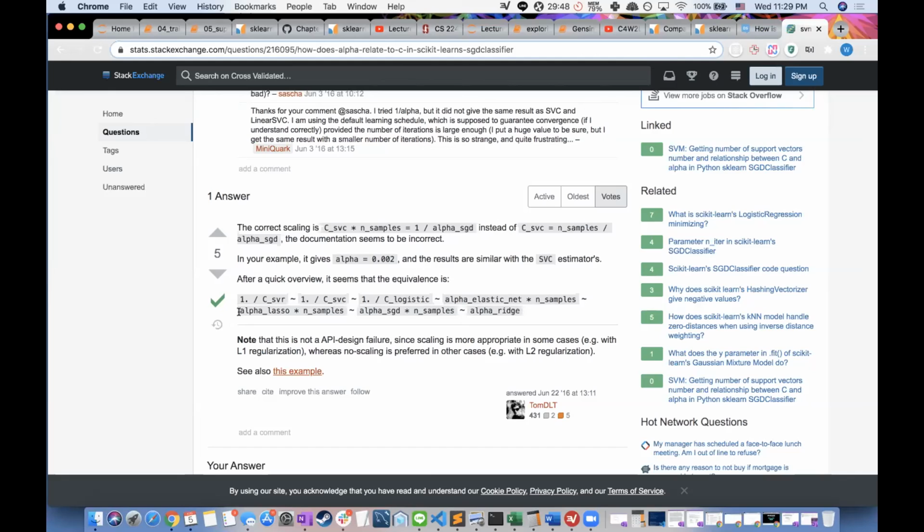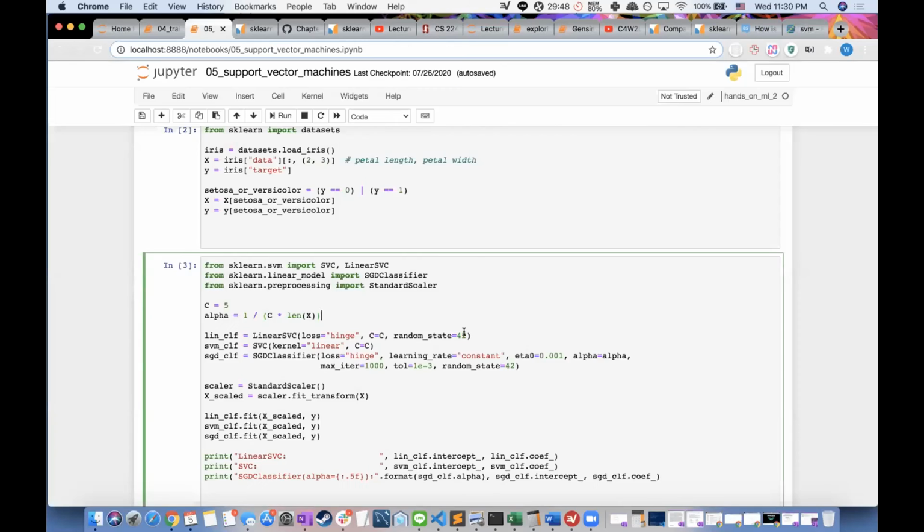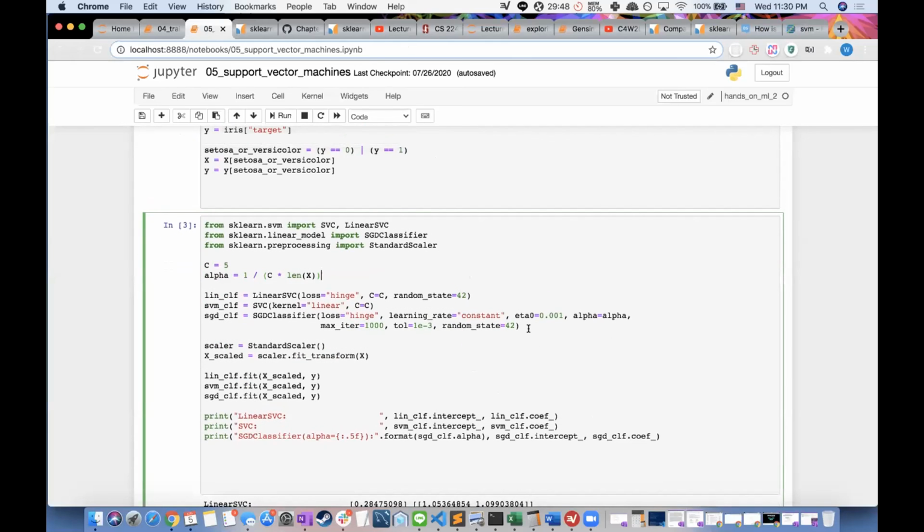It was also saying the alphas are roughly equivalent. So pretty interesting. Back to the point, you don't have C here, but you can do alpha, and you can calculate alpha from C.